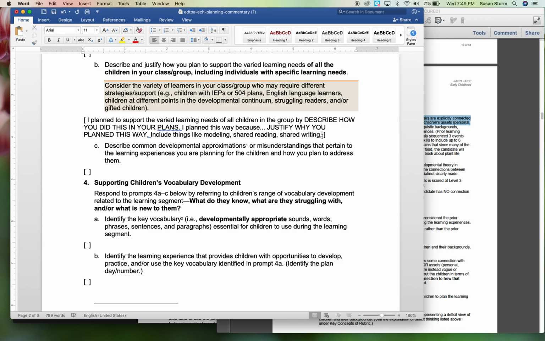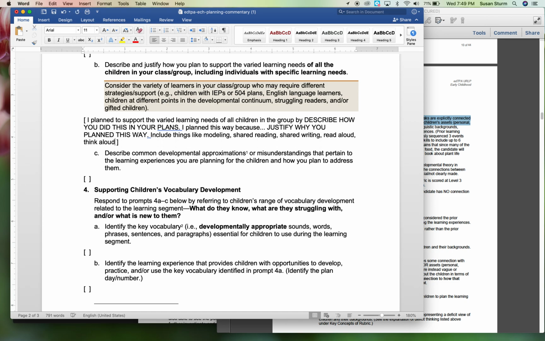So including things like modeling, shared writing, shared reading, a read aloud, think aloud to share your cognitive thoughts. So like my brain does this when I'm reading and I know I'm going to do this.